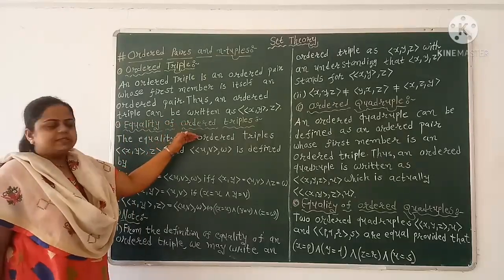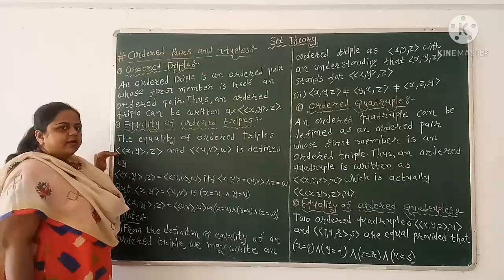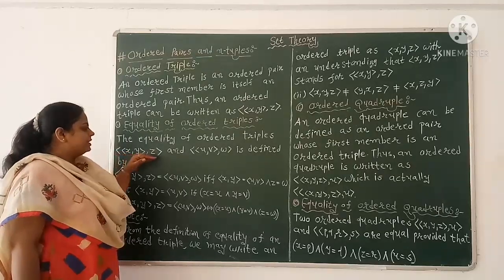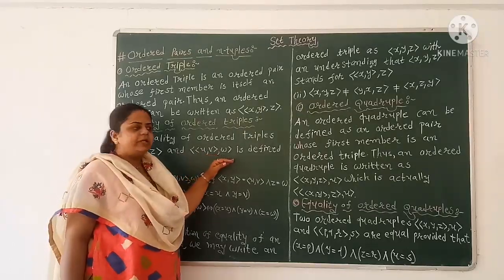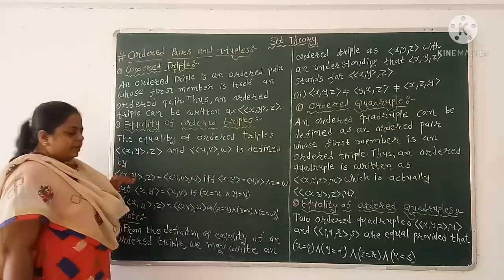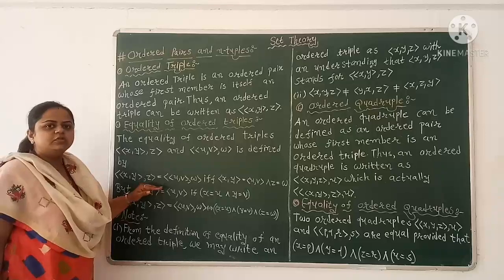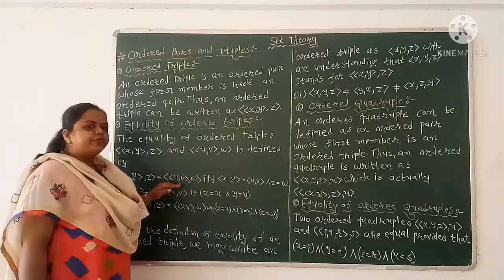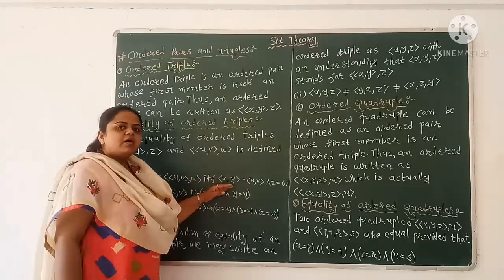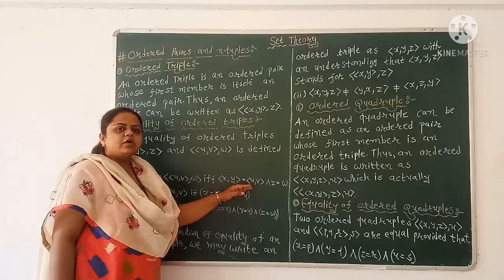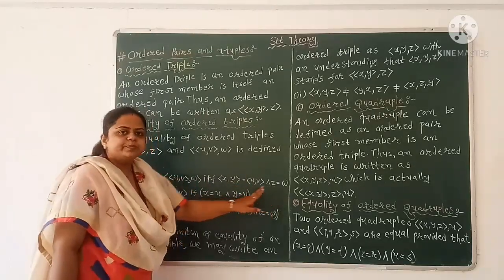Equality of ordered triples. The equality of ordered triples ((x, y), z) and ((u, v), w) is defined by: ((x, y), z) is equal to ((u, v), w) if and only if (x, y) is equal to (u, v) and z is equal to w.